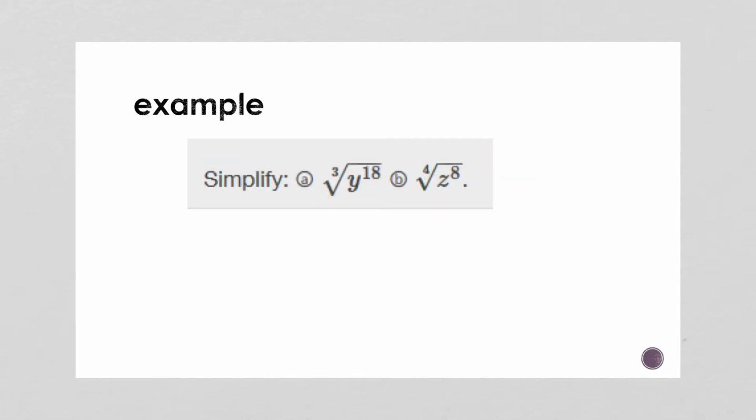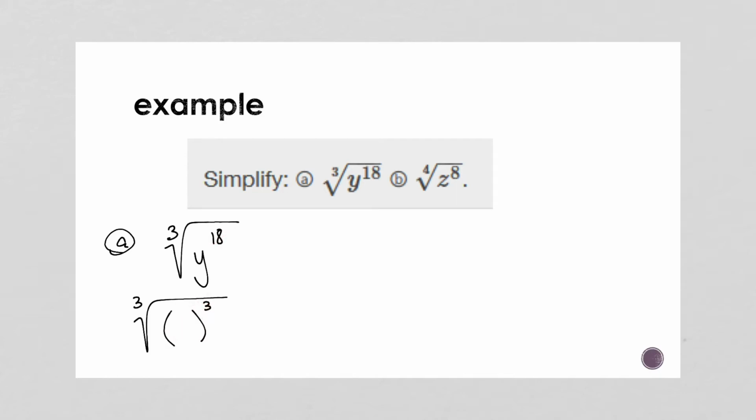All right, so for letter A here, we've got the third root of y to the 18th. Okay, so here's what you want to do. You want to write this so that this 3 cancels that 3. What would have to go in here in order for this to be a 3 right here?